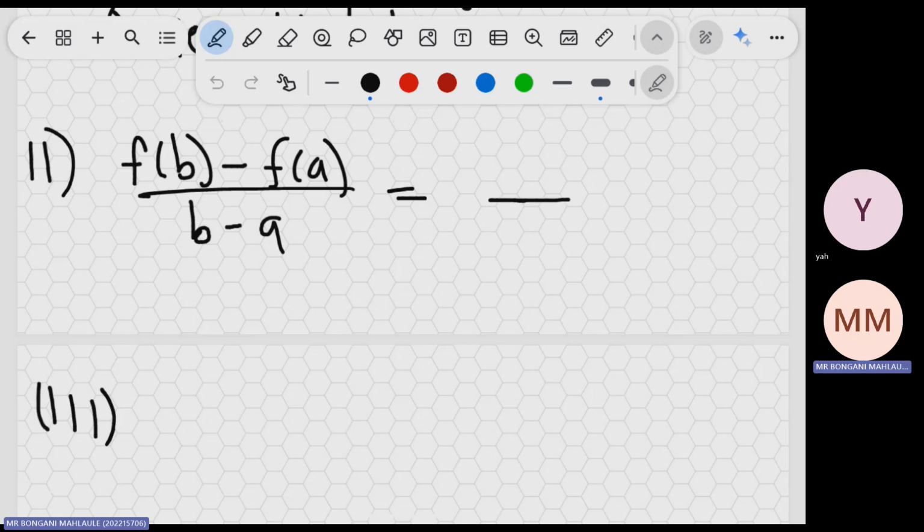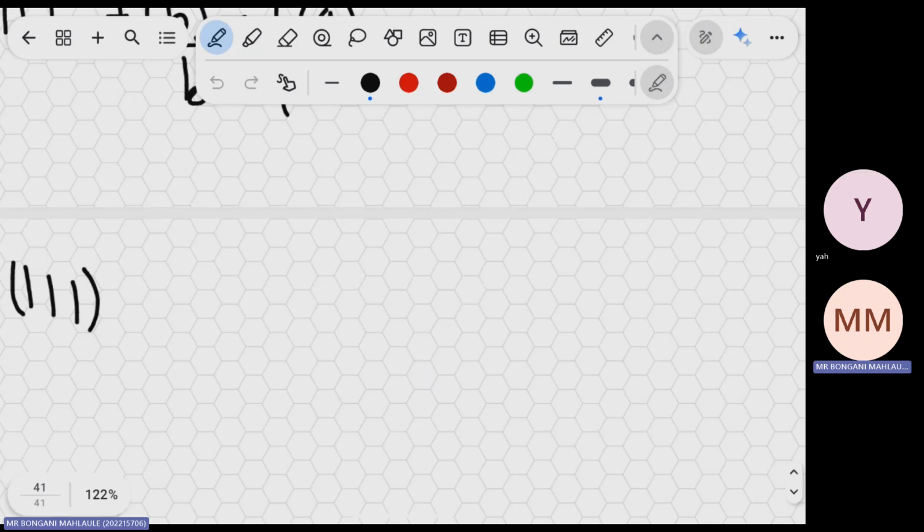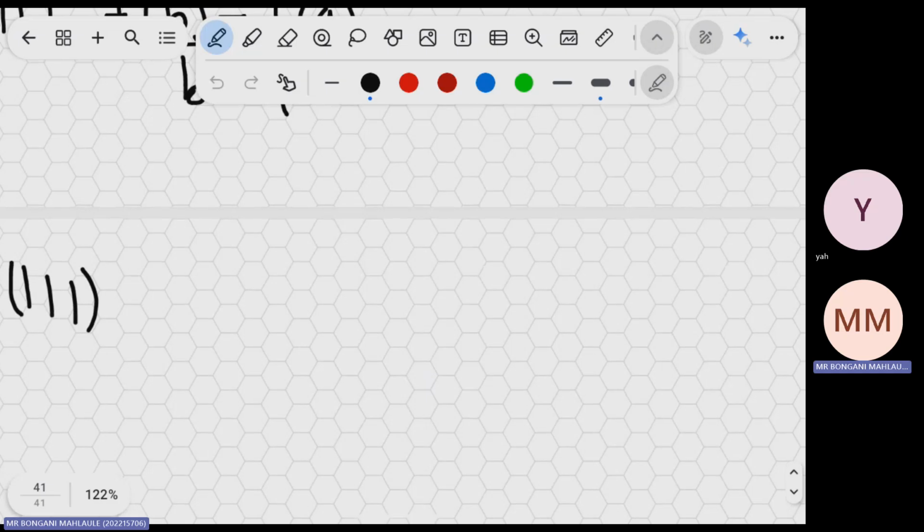Then the third one will be for us to find the derivative.